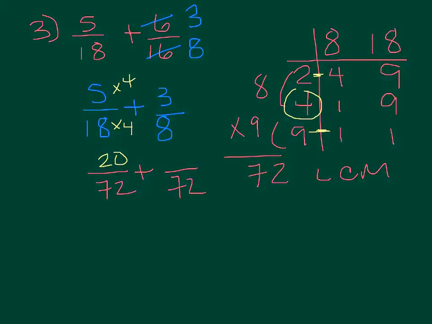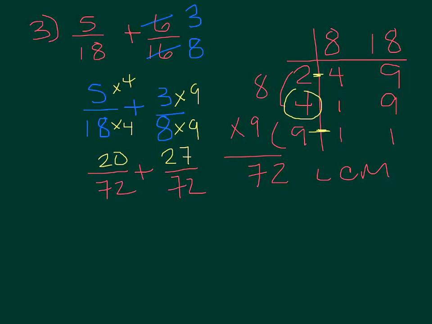This is times 9 to get a 72, times 9, 27. Can you see here that the 8 is 2 times 4, the only one missing will be the 9. So that's why I'm multiplying here times 9.